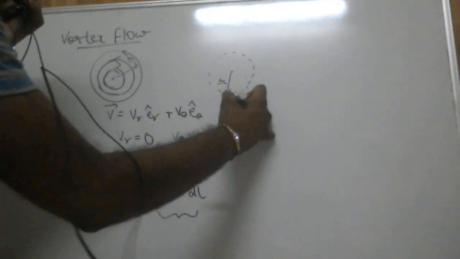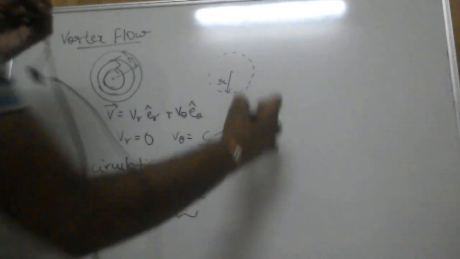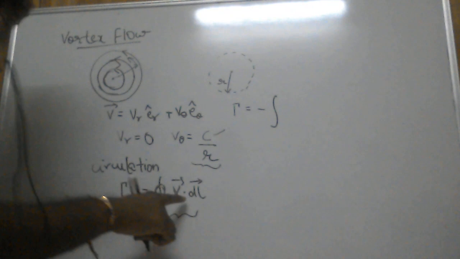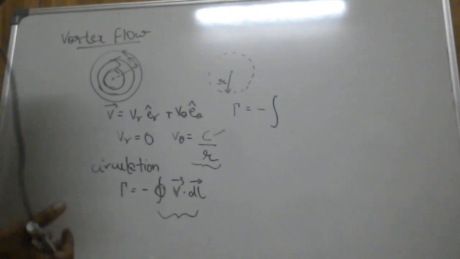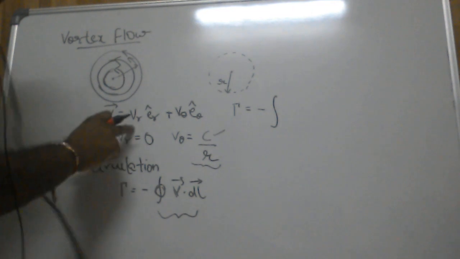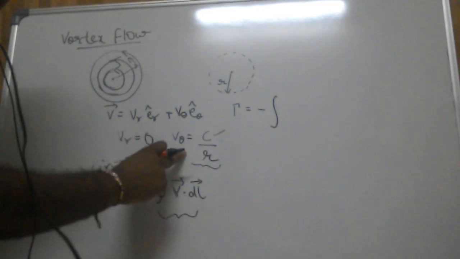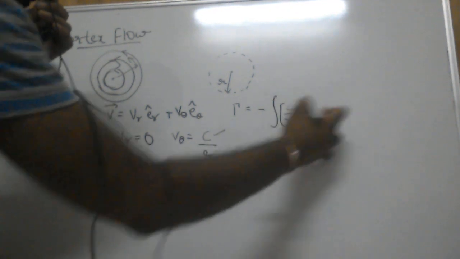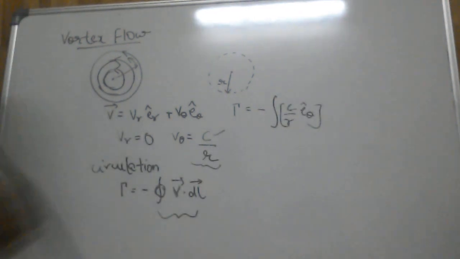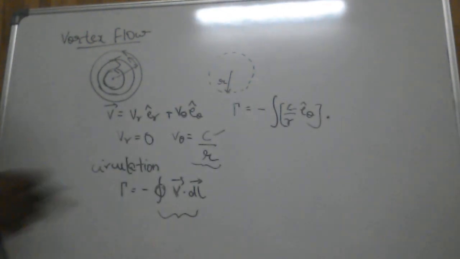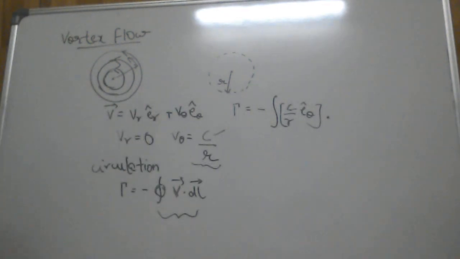So I have gamma equal to minus the integral of V dot dl. V is nothing but V_r e_r cap plus V theta e theta cap, and since V_r is 0, we have only V theta e theta cap, which is C by r e theta cap. That is the V vector dotted with dl. dl is the elemental length along the curve that we are integrating.